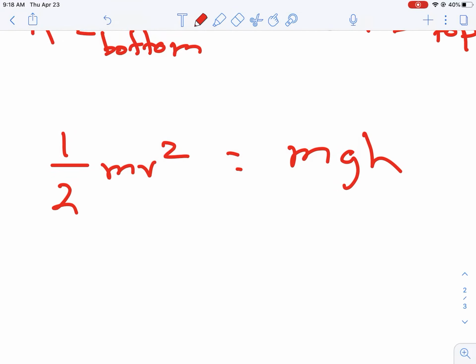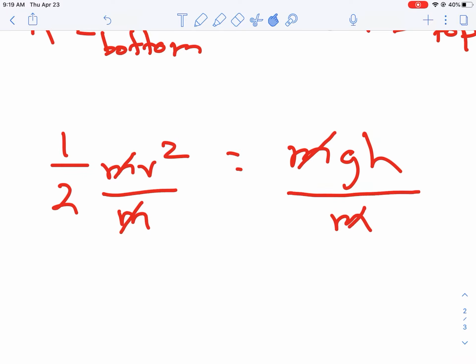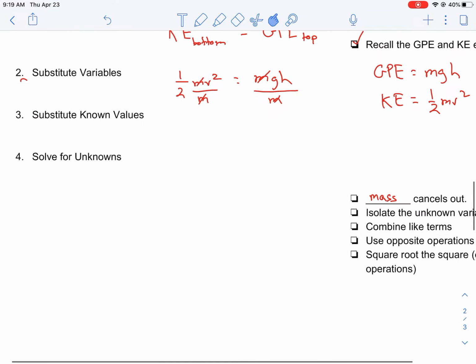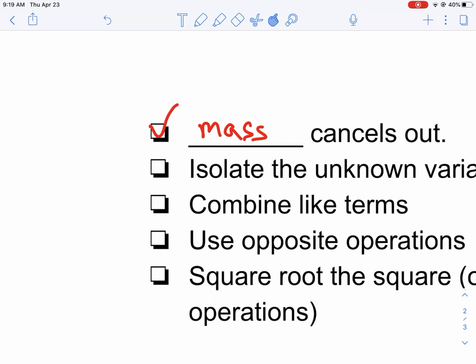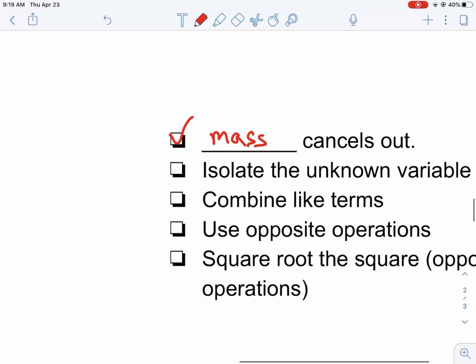If you have the same variable on each side of the equation like this, if I divide this side by mass and cancel mass out of this side, whatever I do to one side I do to the other, look at that. Mass cancels out of both sides. It's amazing. We never even needed mass to begin with. In this case, mass doesn't matter. Mass cancels out. So now we got rid of that mass variable that we didn't know.